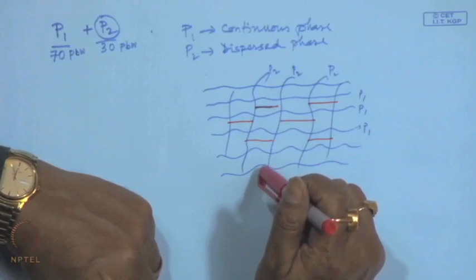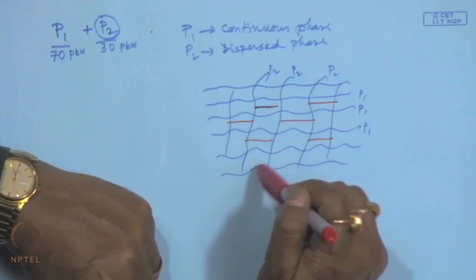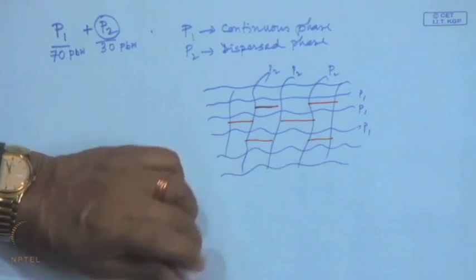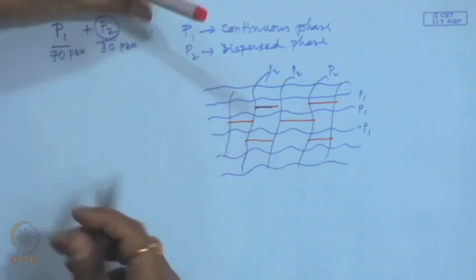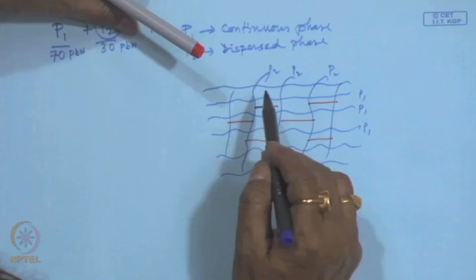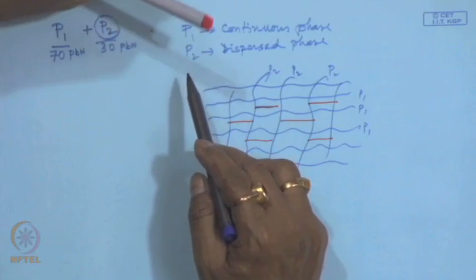Then forming interpenetrating network. This formation of interpenetrating network is again an extension or modification of this cross linking of the dispersed phase in the P1 continuous phase.